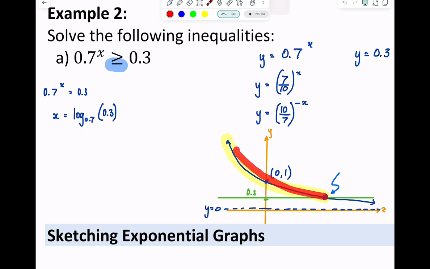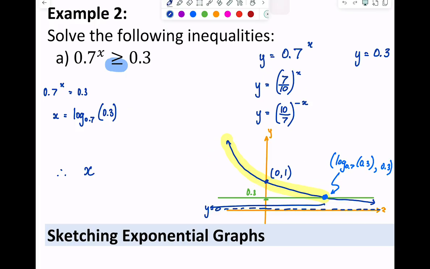So we notice that we do want to capture that whole segment there, but just before we do, I just want to point out that the x value here is log base 0.7 of 0.3. And the y value, you can see, is 0.3. So everything below that point, therefore, our final answer is x is going to be less than, because everything to the left of that blue point there is less than or equal to log base 0.7 of 0.3.